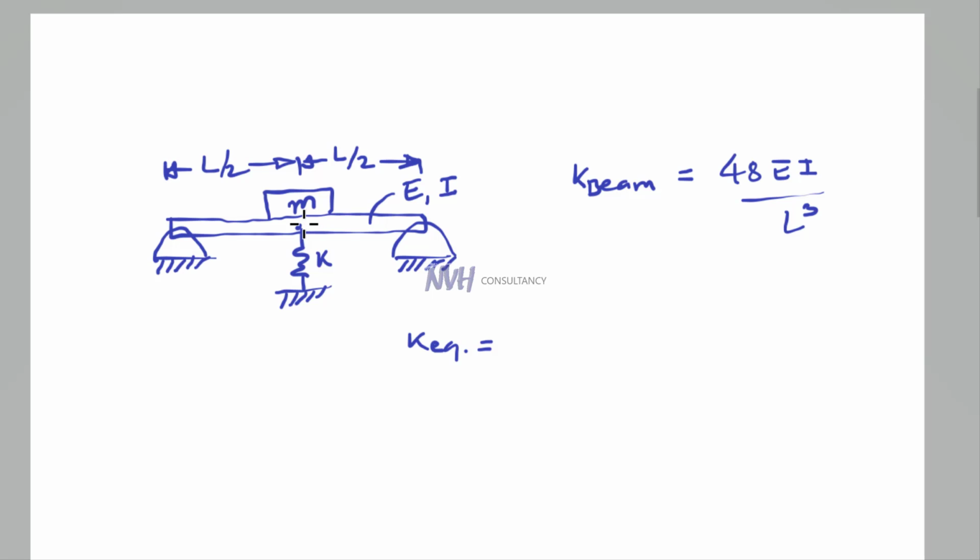Okay, so what's going to happen is when the mass block M is put on the beam, then the deflection of the spring as well as that of the beam is going to be the same. Okay, so let's write this down. This is very important. The deflection of the beam is going to be equals to the deflection of the spring.